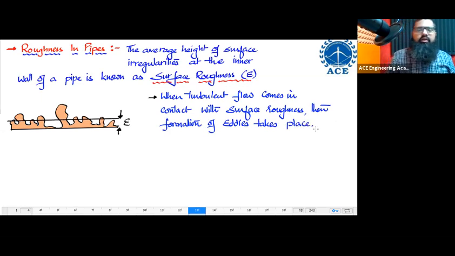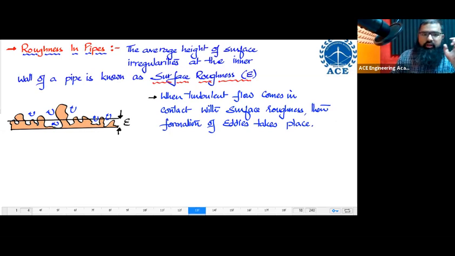Whenever turbulent flow comes in contact with surface roughness, you are going to have eddy formations taking place.